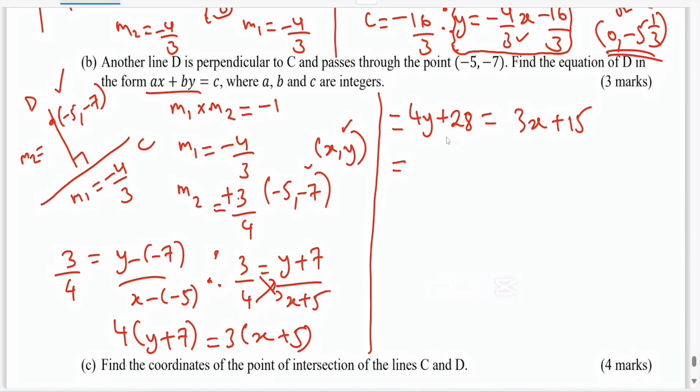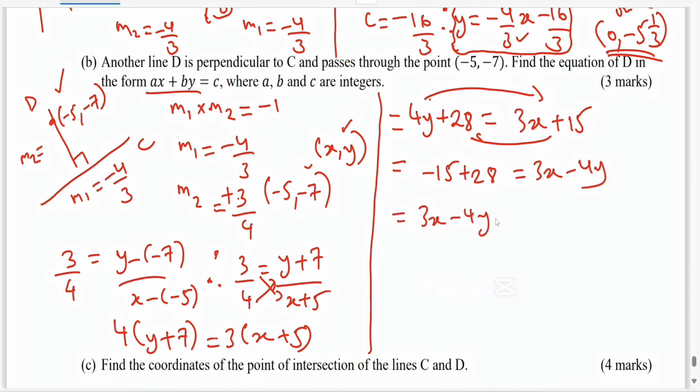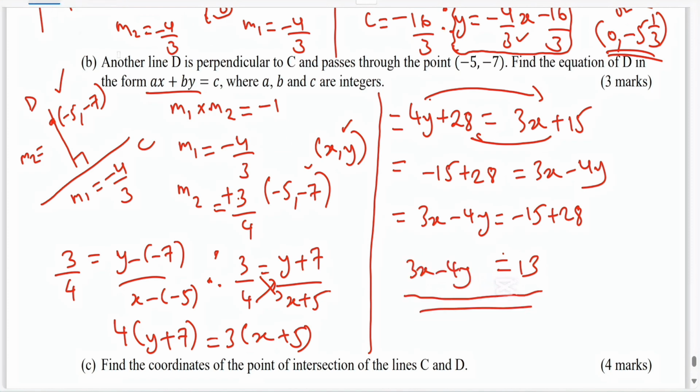Collect the x and the y terms together. Move 4y over here and bring this across, so it becomes -15 plus 28 on one side and 3x minus 4y on the other. So 3x minus 4y equals -15 plus 28. 28 minus 15 is 13. So the equation is 3x minus 4y equals 13. This is your answer.